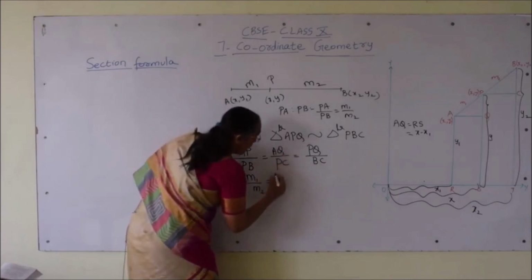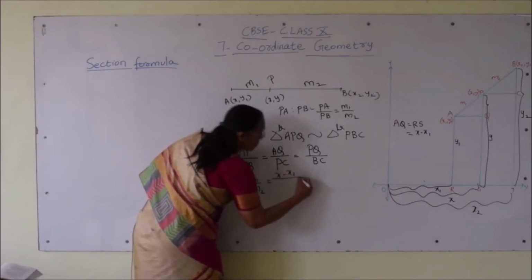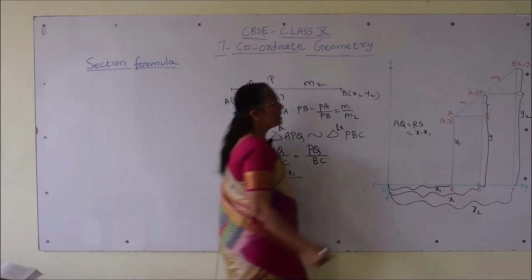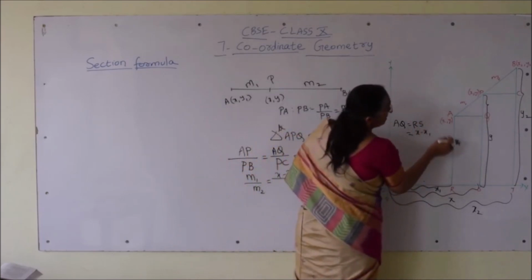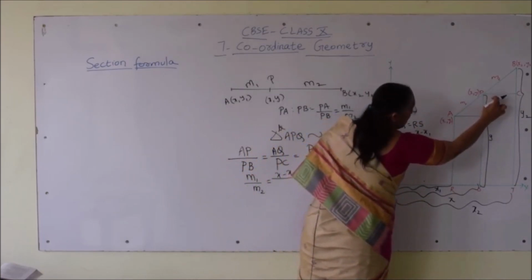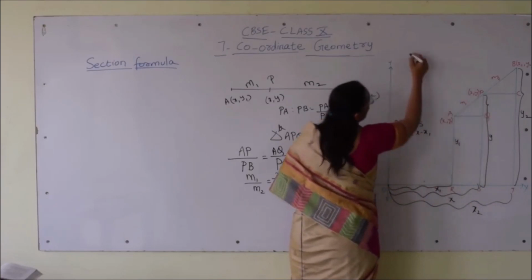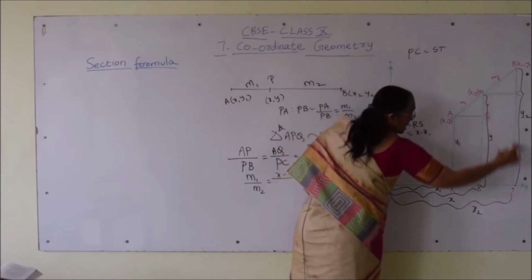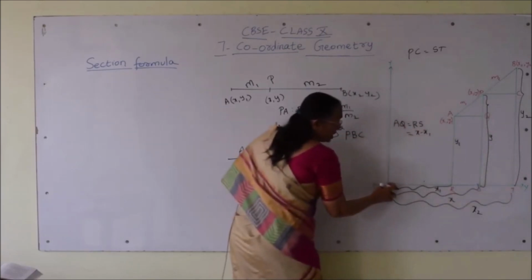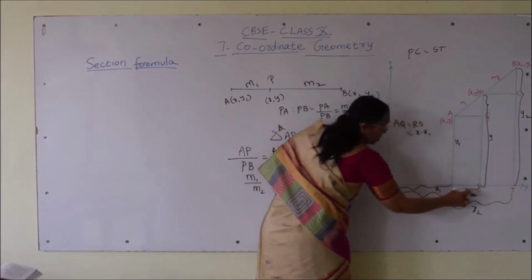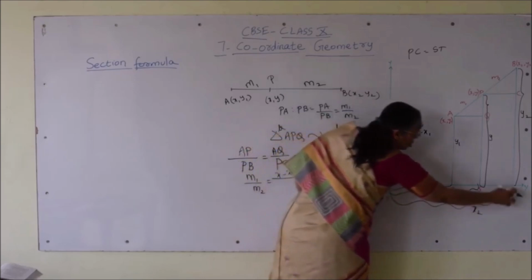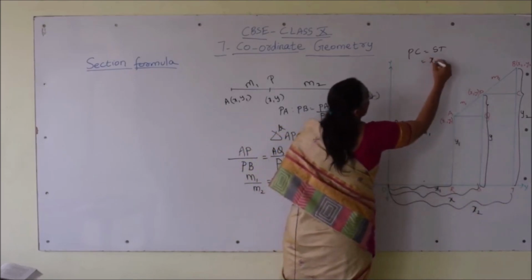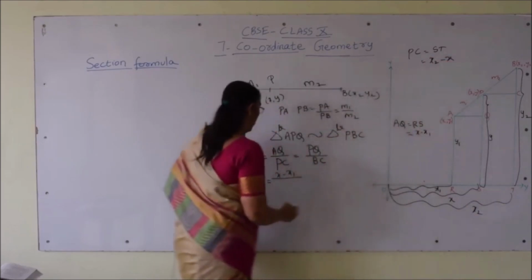AQ is equal to RS, which is x minus x1. Similarly, PC. Where is PC? This one is PC. PC is the same as ST. ST is OT minus OS, which is x2 minus x.